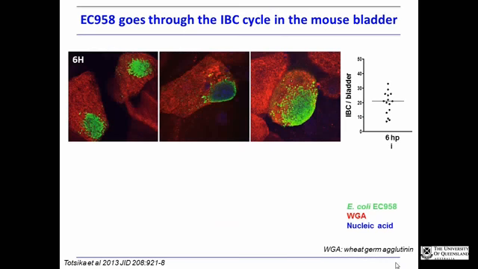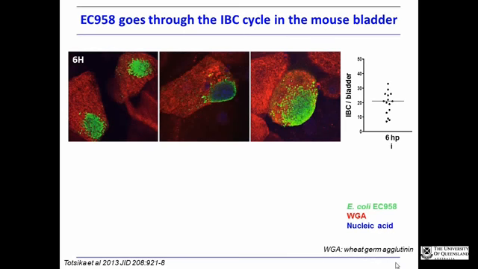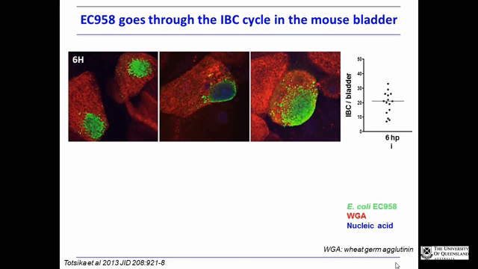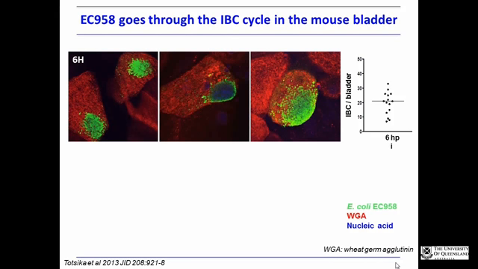Okay, so when we looked for these clusters of cells within mice infected with EC958, we certainly observed that they do form. This is confocal scanning microscopy performed at 6 hours post-infection of mice. And in green here we have the stained bacteria, so you can see these large clusters of intracellular biofilms that are formed within the bladder epithelial cells at, as I said, 6 hours post-infection.